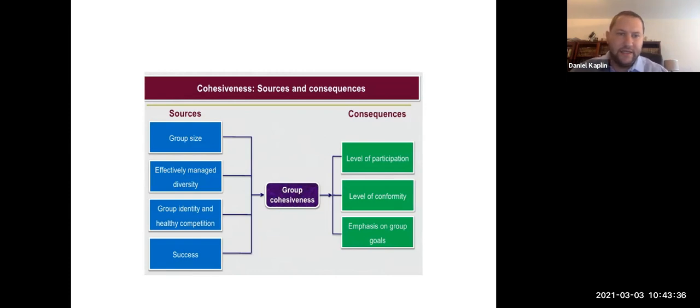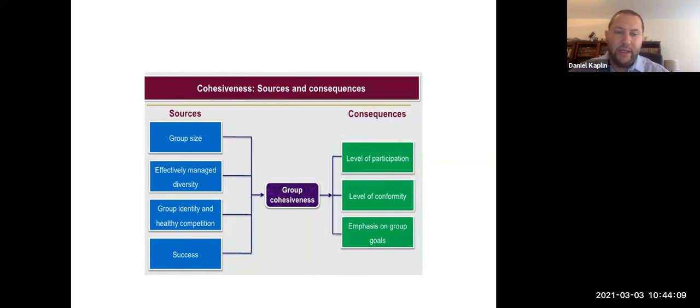Now, here is just a model of factors that impact group cohesion or cohesiveness and some of the consequences of it. So group size, and we talked about the magical number of 8 to 12 is roughly what groups are today. But the larger the group, it affects group cohesion, right? So that's going to result in diversity of opinions, which could be fine, and how you handle that's going to be fine.